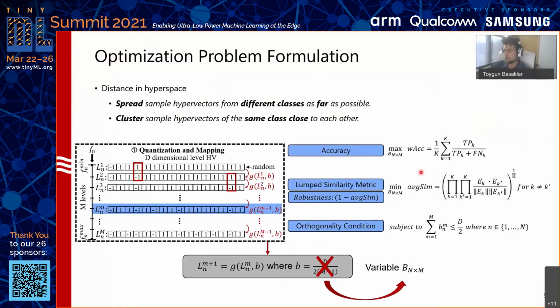This equation formulates the geometric mean of each class encoder pair, and it is a lumped similarity metric for the class encoders. We define the robustness in our work as 1 minus this similarity metric.